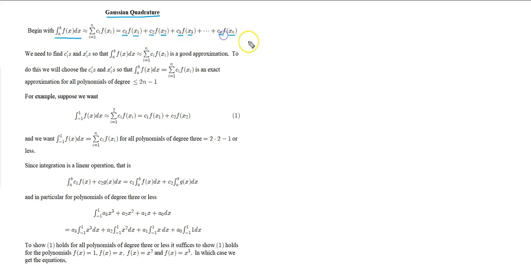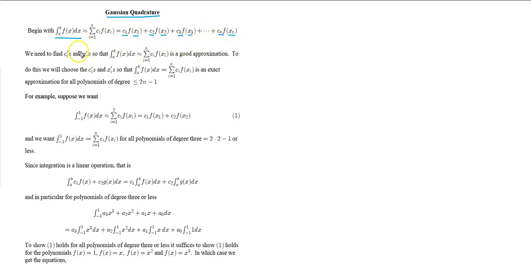So, instead of trying to find an antiderivative for f, all we have to do is evaluate f at certain values, x1 through xn, multiply those values by the coefficients ci and sum.